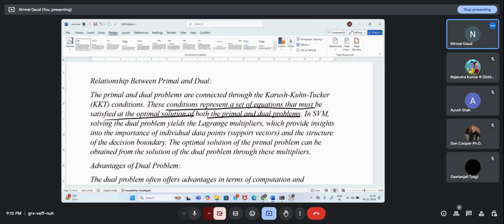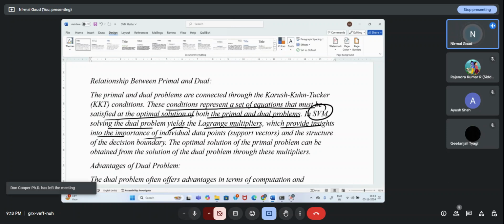Okay, fine. So in SVM, solving the dual problem yields Lagrange multipliers, which provide insights into the importance of individual data points or the support vectors.